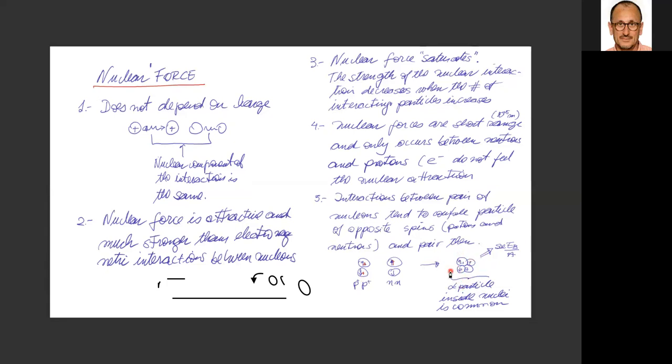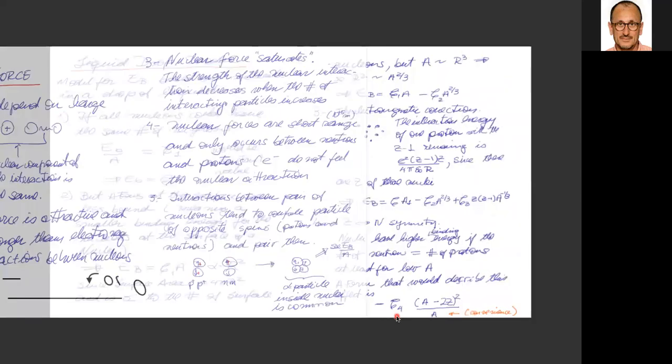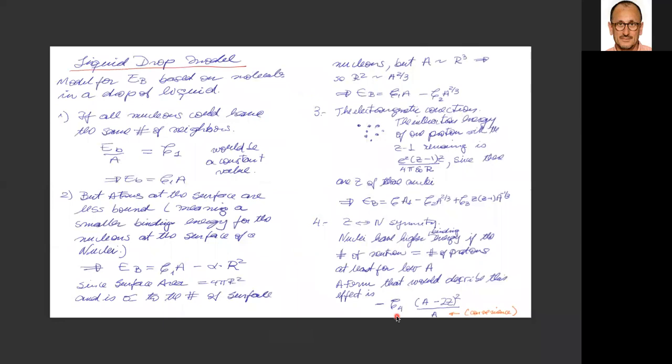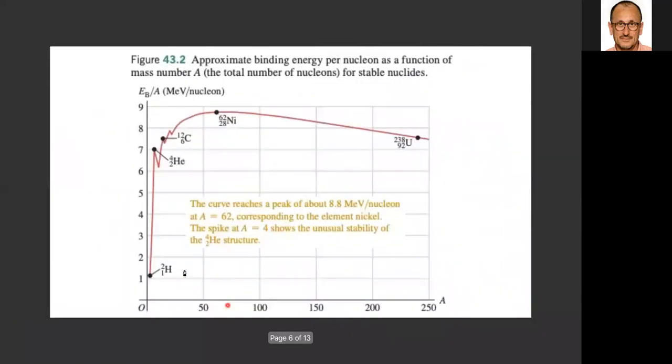The nucleons move kind of freely inside, but they tend to form pairs, and they also tend to form these other structures, the alpha particles.